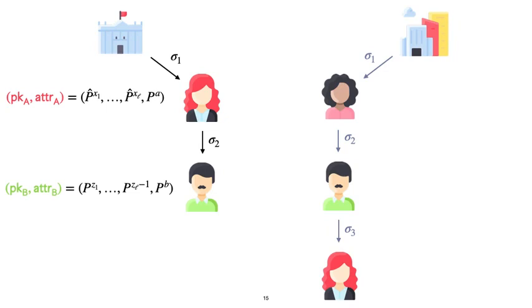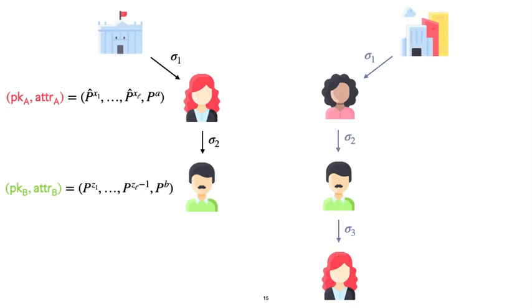So let's see what happens if we try to use our prior Mercurial signatures in order to achieve this. So Alice's public key is of length L, and consider what happens if she has some attributes. So this could be like an expiration date of her credential. So for simplicity, I'm going to assume that there's just a single attribute, but our signature allows any number of attributes.